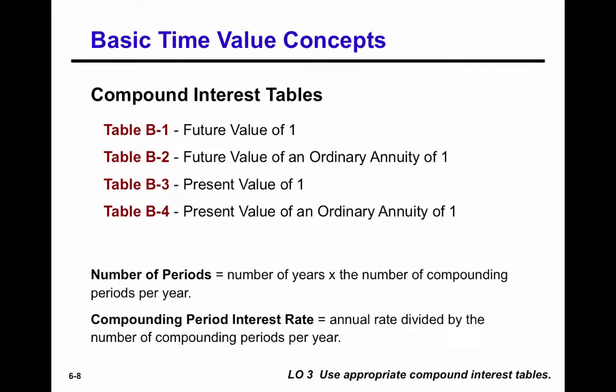And consequently, if you had a problem that asked you to determine the future value of an amount that was compounded quarterly with a 16% annual interest rate, you would, for 1 year, actually look at the intersection of the 4-period line and the 4% interest column, rather than the 16% for 1 period. You will get a different computation, as you'll see quickly, soon, if you compound more often.